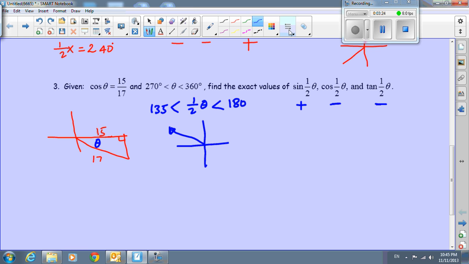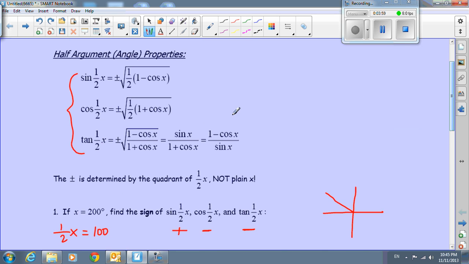Now let's go ahead and find the sine of 1/2 theta. Well, the sine of 1/2 theta, based on the formula on your green paper, is equal to the square root of 1/2 times 1 minus 15/17. Note that I'm using 15 here and 17 here, and it's all based on this 1/2 times 1 minus cosine of x.